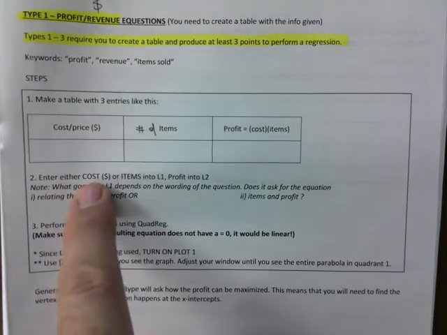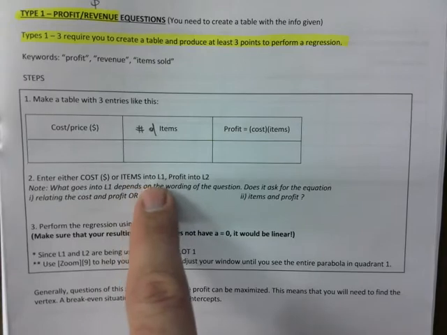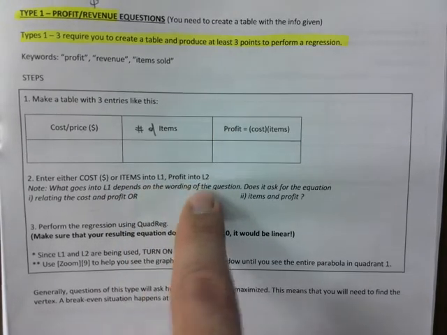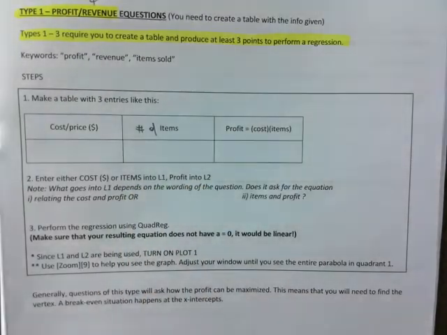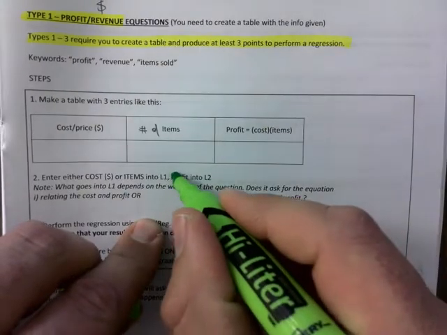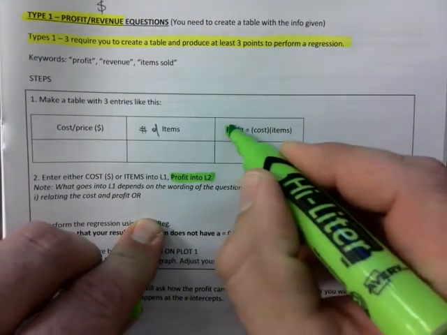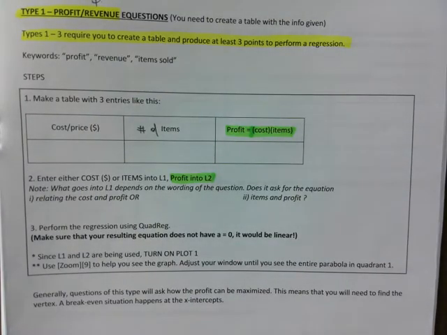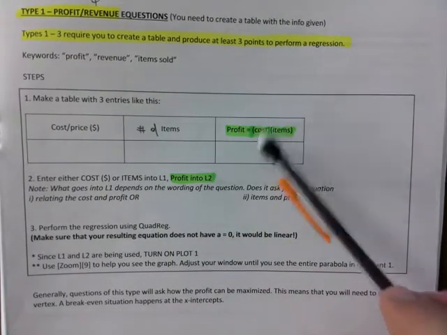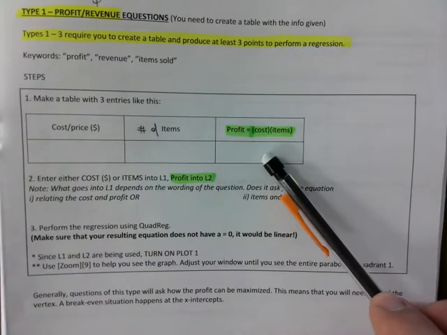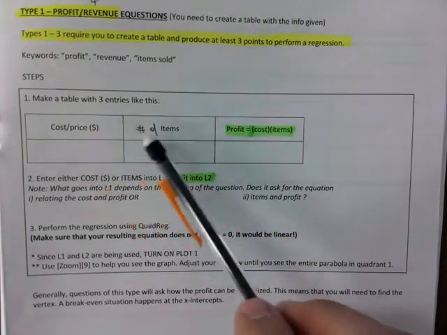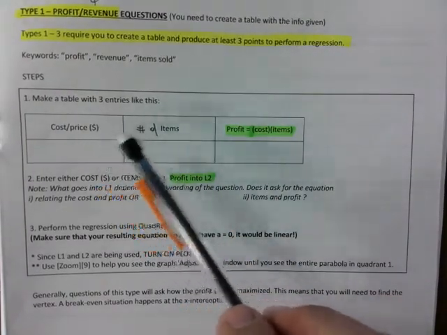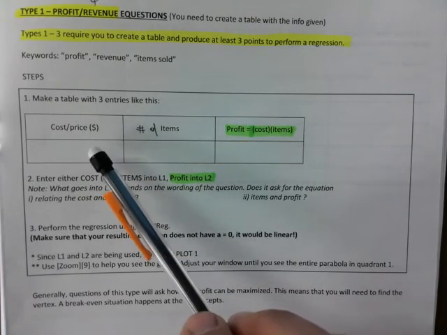Step 2, enter cost or items into L1, profit into L2. So this is where I'm going to grab a different highlighter and make sure that you understand this. Profit will always go into L2, the last one. For the first 2, you're going to have to decide which one goes into L1 based on the question.